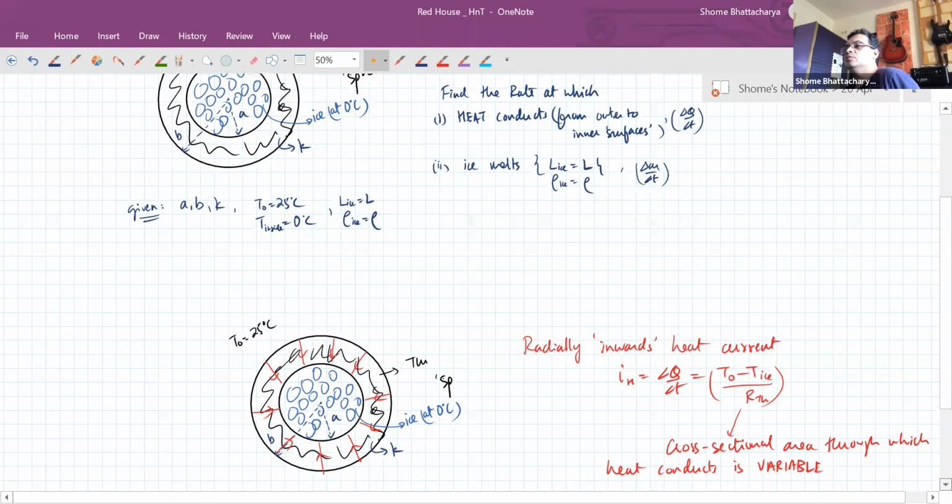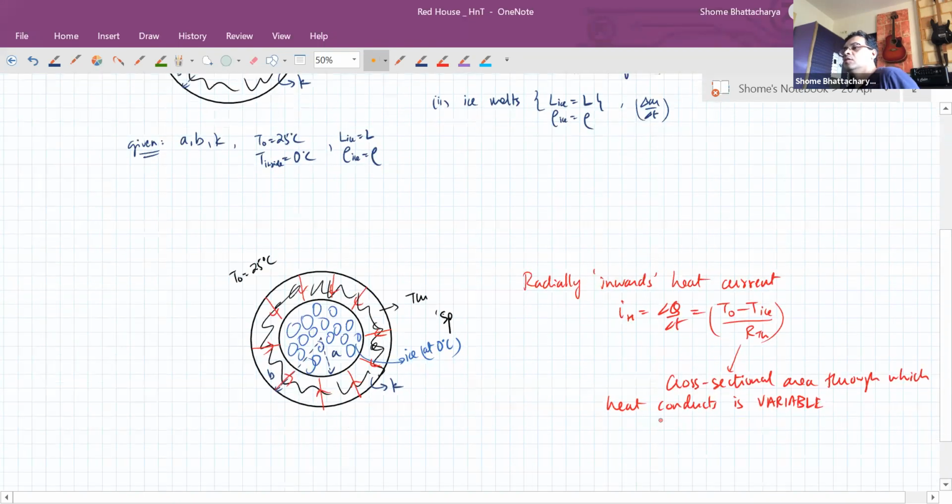In fact, it is varying from 4 pi b square at the outermost part to 4 pi a square at the innermost part. So therefore, you have to calculate thermal resistance by application of integration.